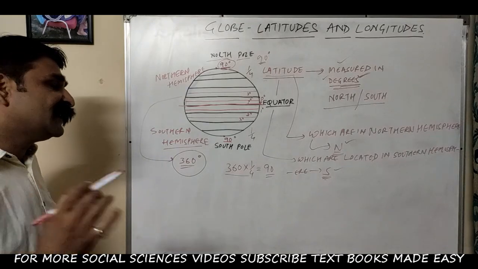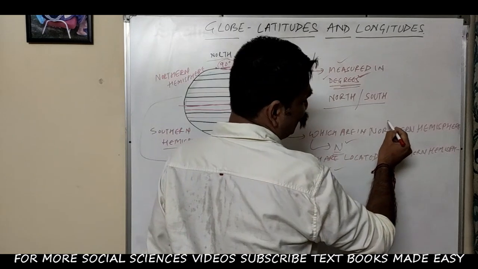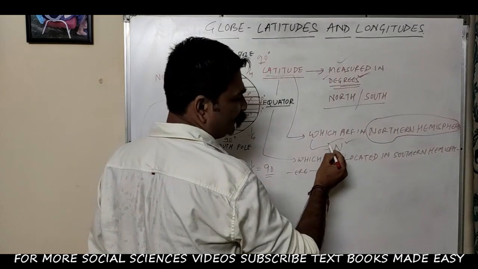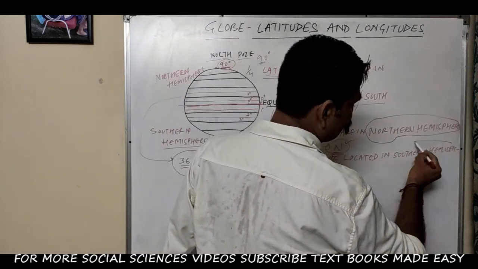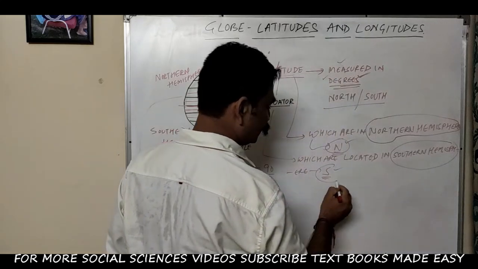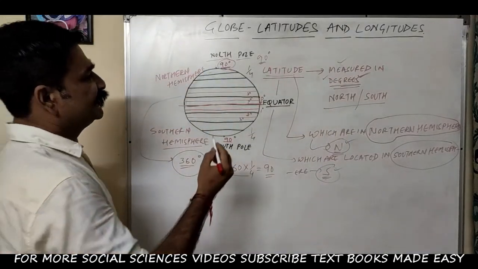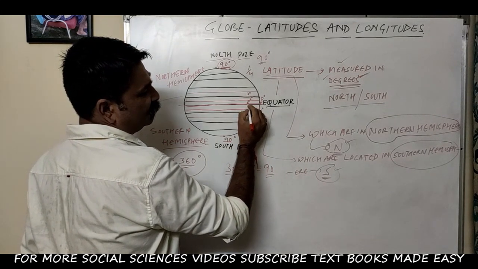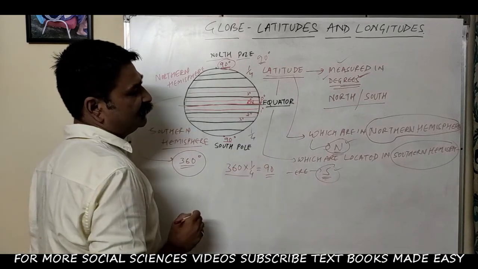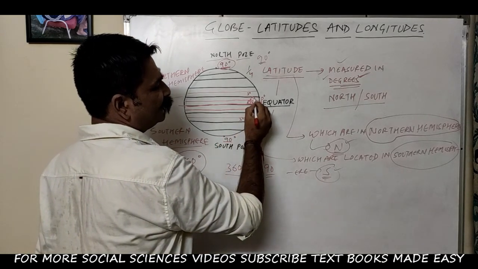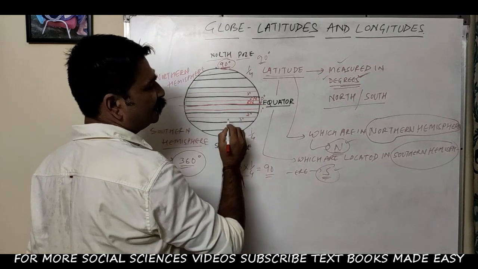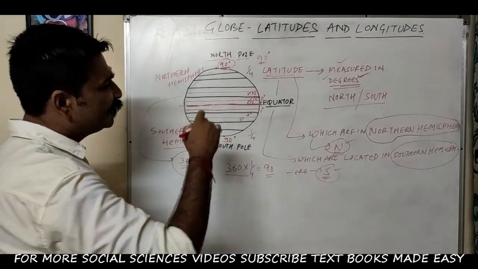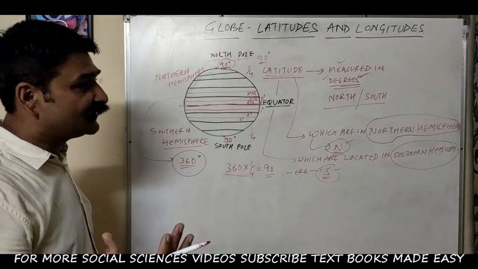Fine. Now the next portion. In the northern hemisphere we have N with them, and in the southern hemisphere we have what? S with them. So after the equator, this is 1 degree, so we will have N with it. After this we will have 2 degree, so we will have 2 degree N with it. 3 degree will have 3 degree N with it, and this N denotes the northern hemisphere.